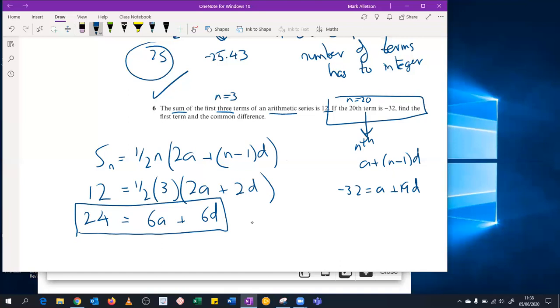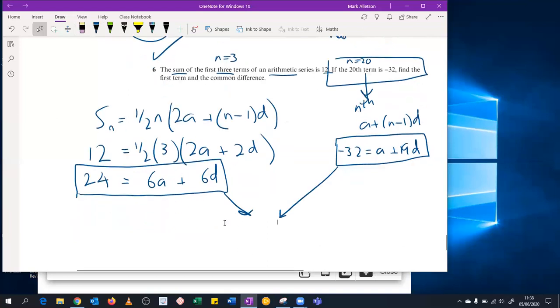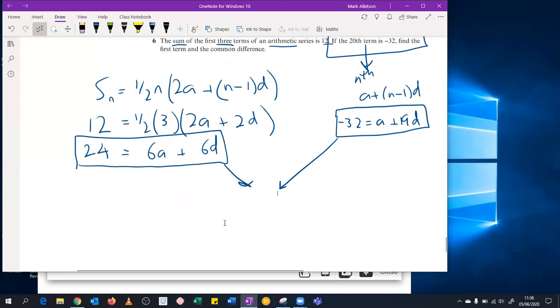I don't like the way that's written, but I can leave it like that. Okay, so minus 32 equals a plus 19d. It says we want to find the first term and the common difference, so we're going to solve these two simultaneously. So if I'm doing that, how would I go about doing it? I would probably just times it by 6, I suppose.